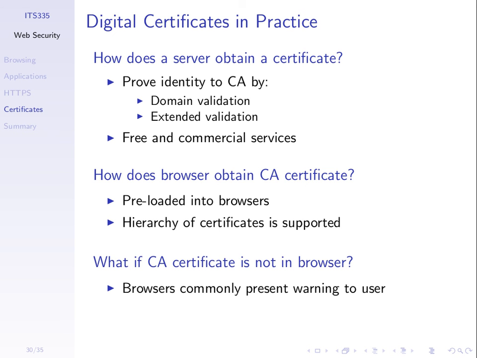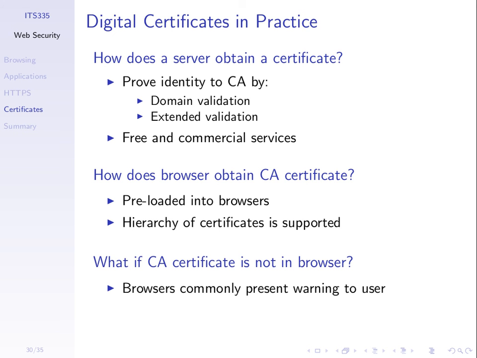There are some free services that will do this. Basically, you go to a website, you upload some information about your domain name and your ID, and they'll automatically issue a certificate. And many are commercial services. You pay tens of US dollars per year, or hundreds, or even thousands for extended validation.